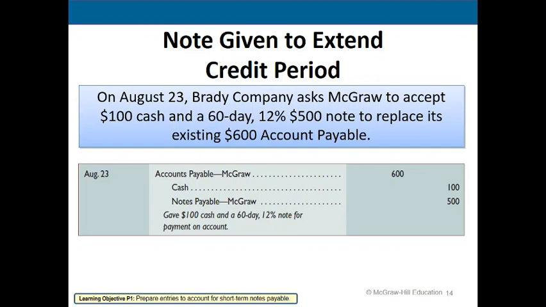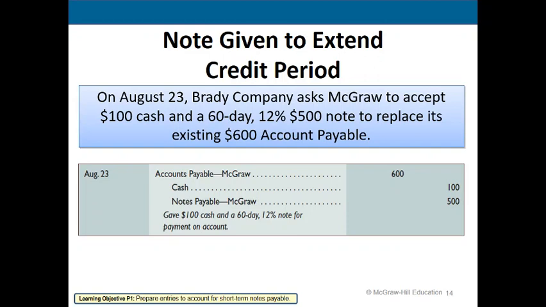And so here you have a situation where you have negotiated with one of your creditors to turn an accounts payable into a note payable. You already had the accounts payable on your books. Here you're going to back that out by debiting accounts payable for this creditor.